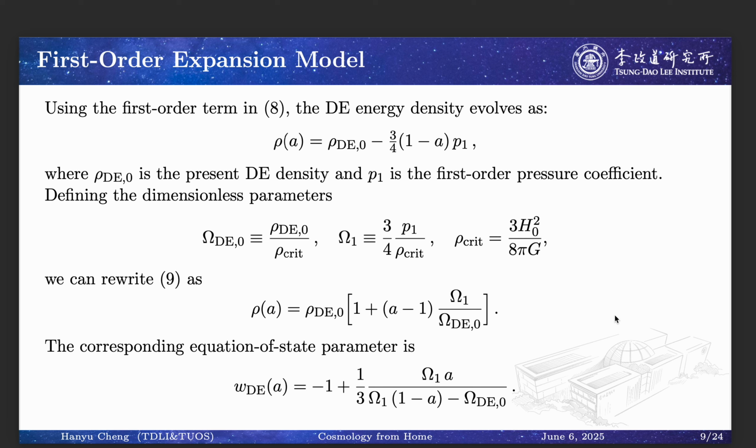And here we do some reformulation to change this parameter to a dimensionless parameter. And as I said, for our first order model, we only have one free parameter here, which is omega1. And then we have the energy density and equation of state for the dark energy.